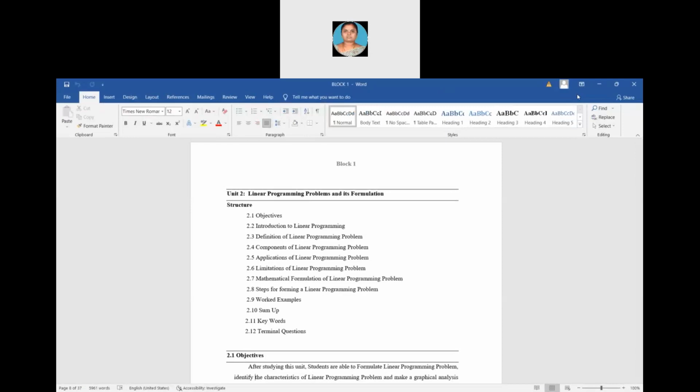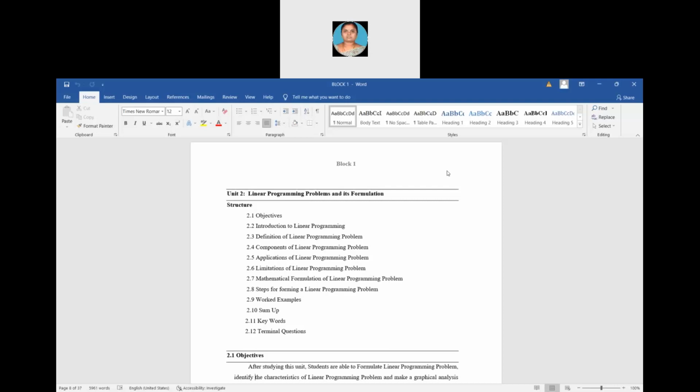So what is the structure? What are all the structures here we are having means objective, that is objective for the linear programming problem, introduction to the linear programming problem, definition of linear programming problem, components of linear programming problem, applications of linear programming problem, limitations, that is disadvantages of linear programming problem, mathematical formulation of linear programming problem, steps for forming a linear programming problem, and based on these topics, we have to see some worked out examples, overall sum up and keywords what we have used here and some questions to be answered.